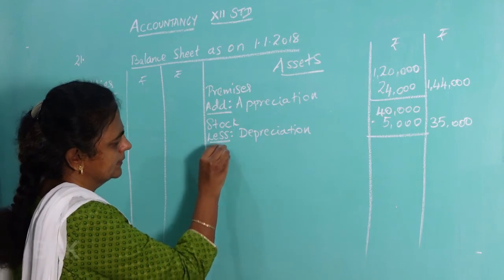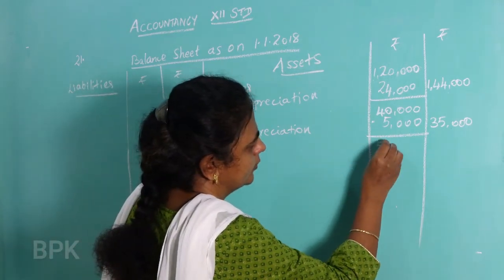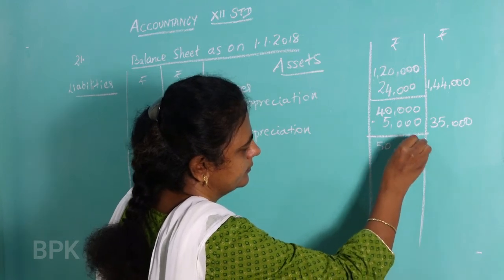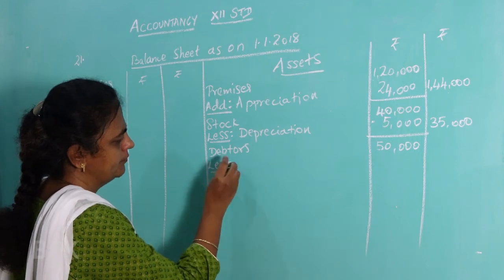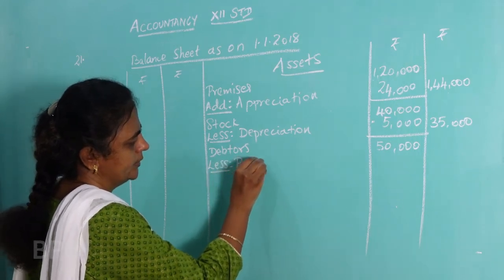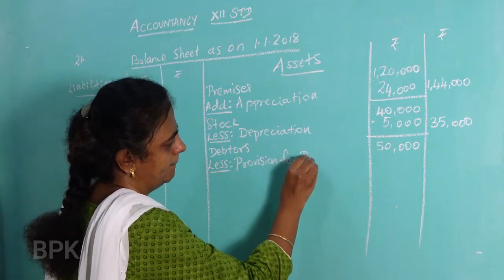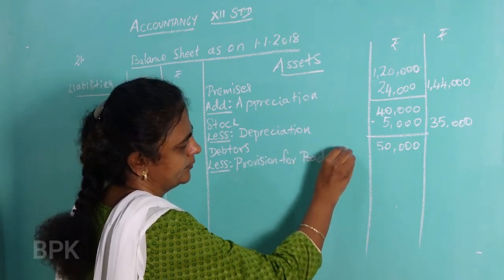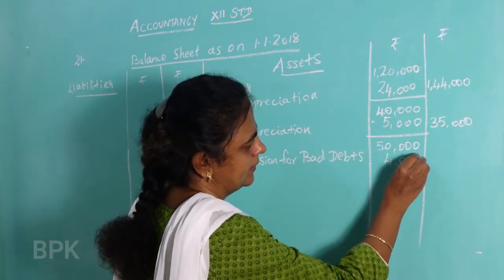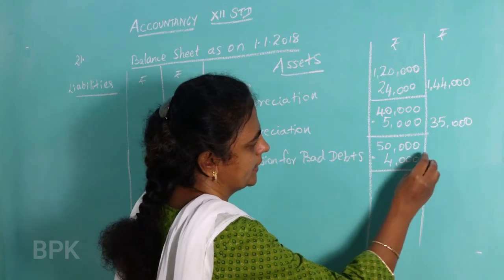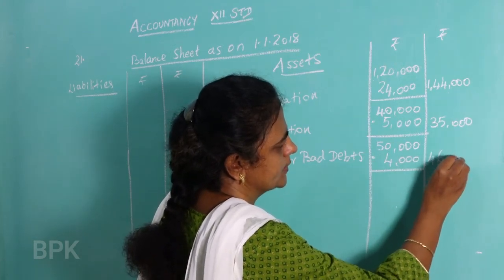Debtors 50,000, that you deduct the provision for bad debts, you created 4,000 rupees for bad debts, that you subtract, so you will get 46,000.